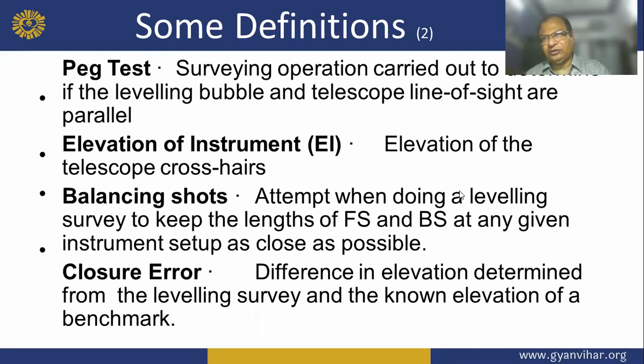Now balancing sights: an attempt when doing a leveling survey to keep the lengths of FS and BS at any given instrument setup as close as possible. Closure error: the difference in elevation determined from the leveling survey and the known elevation of the benchmark.